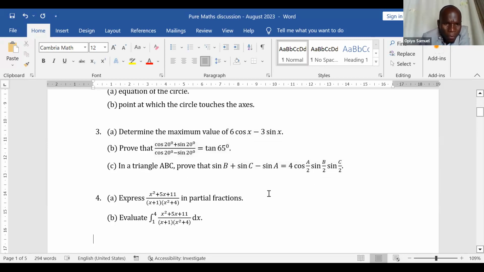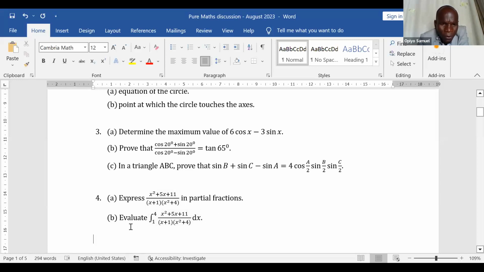Then also, maybe you can have this question number 4 so that I don't come back here again. Question number 4A is saying express (x squared plus 5x plus 11) over ((2x plus 1)(x squared plus 4)) in partial fractions.